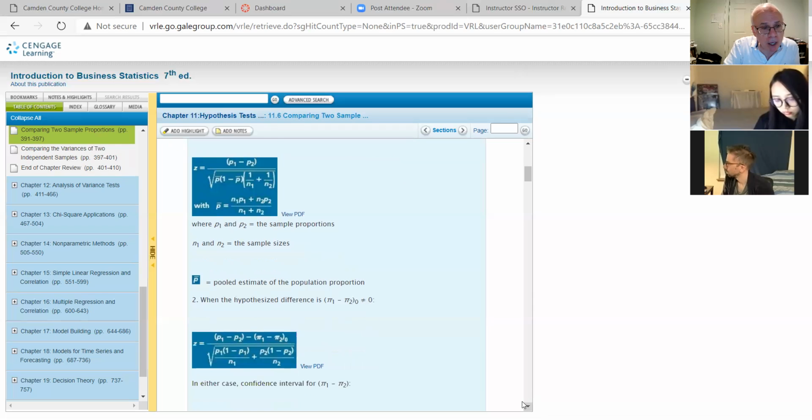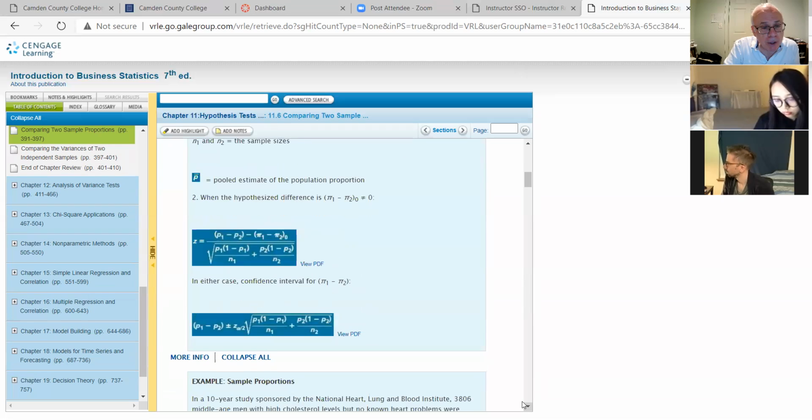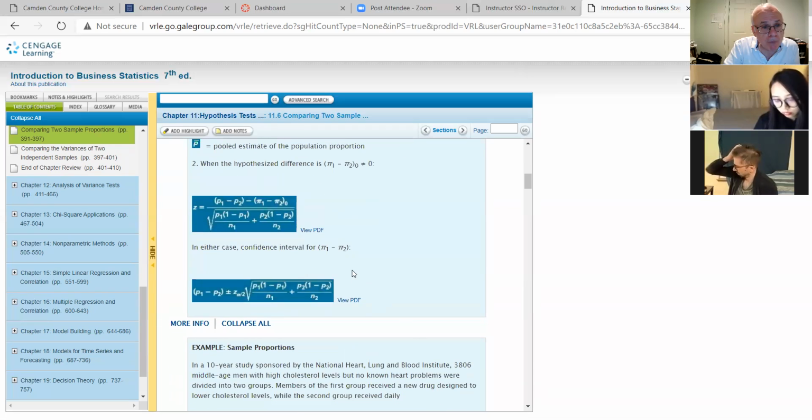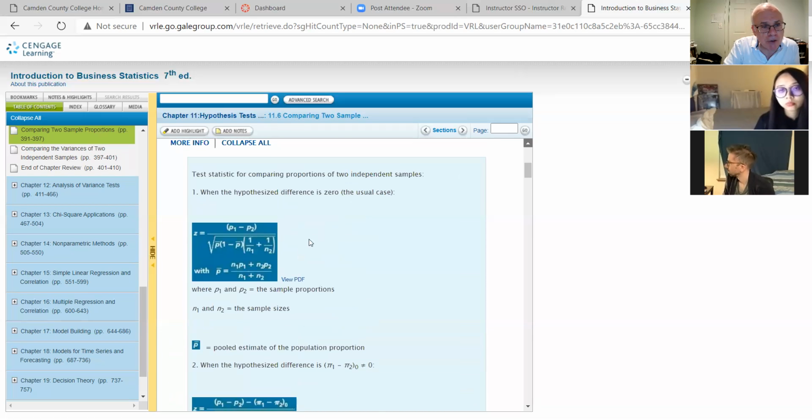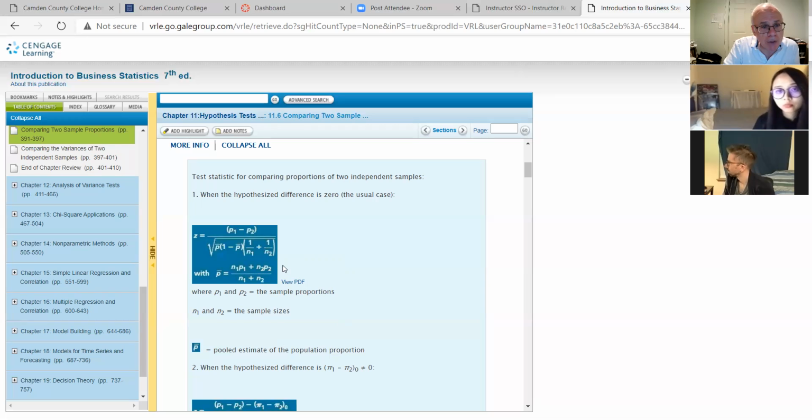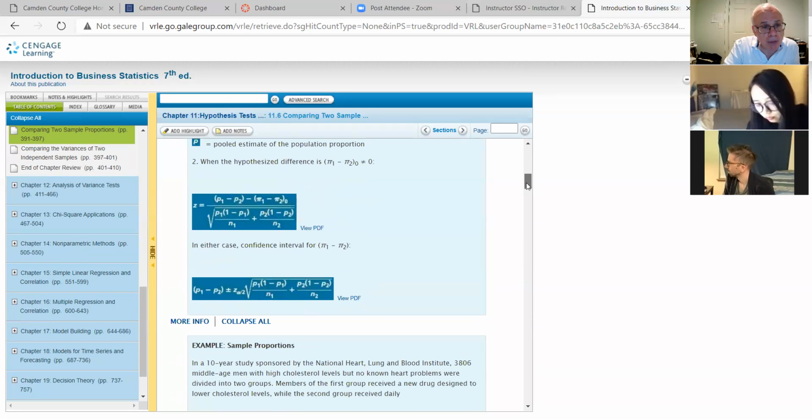And then we have the unequal case. I see. All right, let me just restate it. This first formula assumes that the hypothesized difference in proportions is 0, and if you look at the second case, it's assuming that the hypothesized difference is something other than 0.